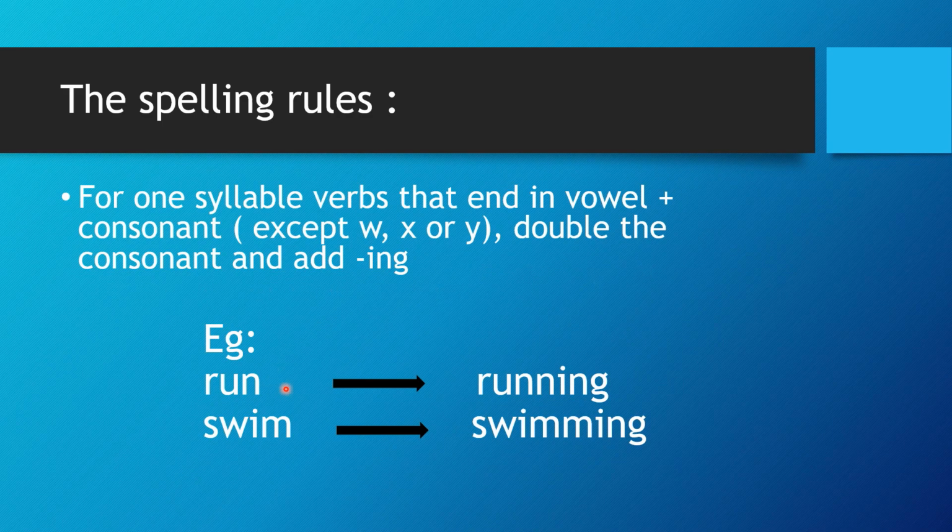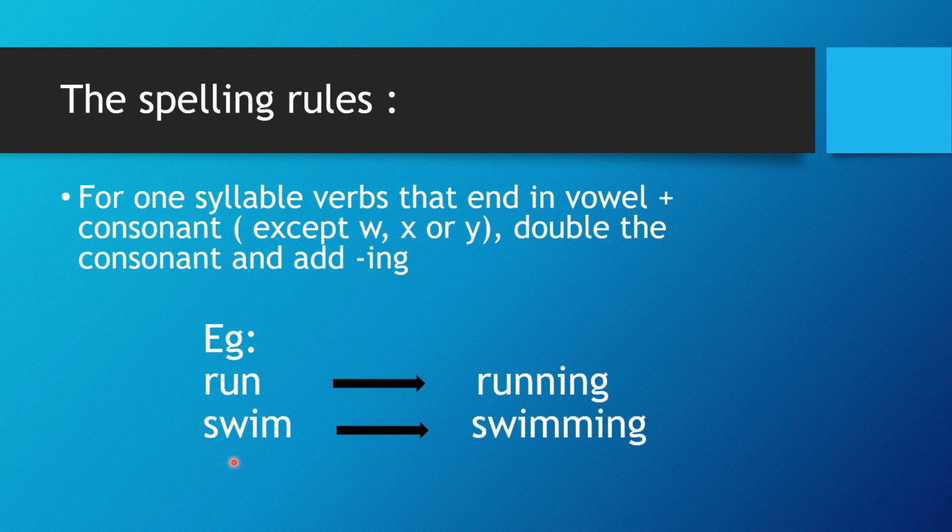For example, run. Okay, this is a one syllable verb. Run. Okay, so we double the consonant N, so it becomes running. R-U-N-N-I-N-G.